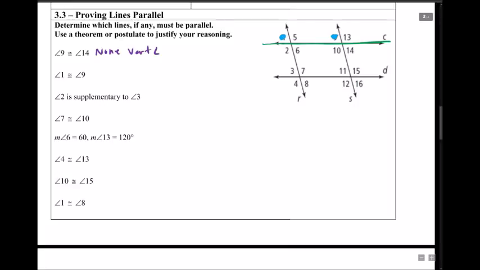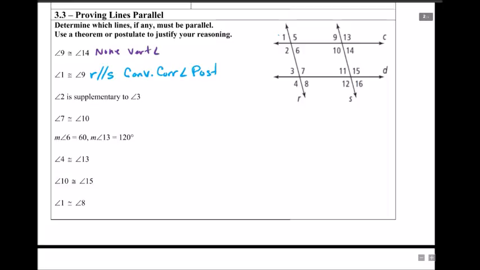What types of angles do we have here? We have corresponding angles. So we can say that line R is parallel to line S because of the converse of the corresponding angles postulate, which says if your corresponding angles are congruent, then your lines are parallel. All right, so we erase. Let's look at our next set.